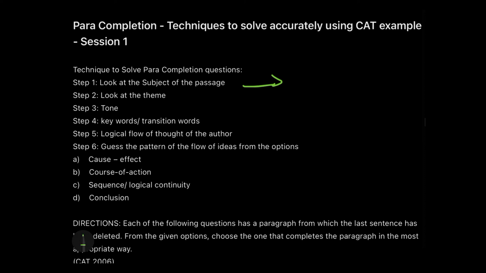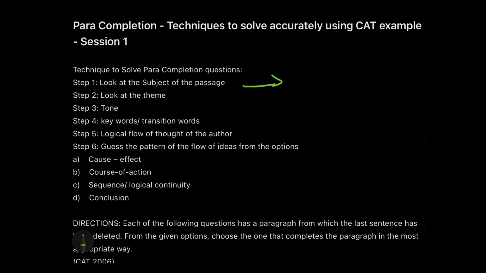It can be in various phases, so we will be discussing that at the bottom. But now just understand that while you are guessing what should be the last line of this paragraph, you need to actually understand the main material at the top.